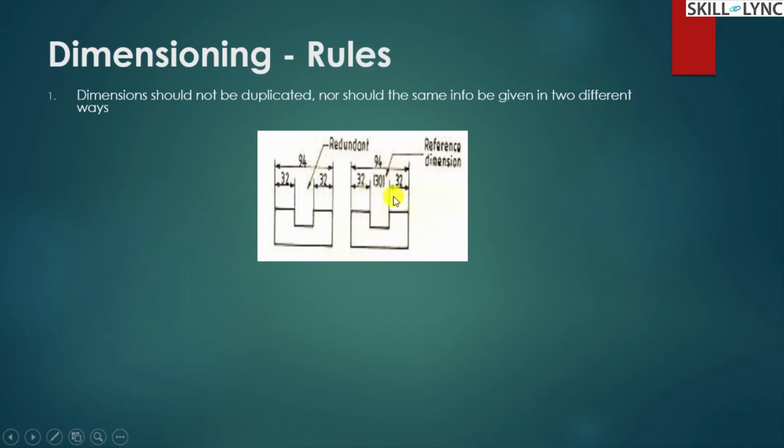But as you could see here, this dimension has been duplicated onto this view. That is not proper because it confuses the user as well as the machinist, because dimensions are controlled features which require supervision or control. You have already mentioned it here, so there is no requirement for duplicating it.